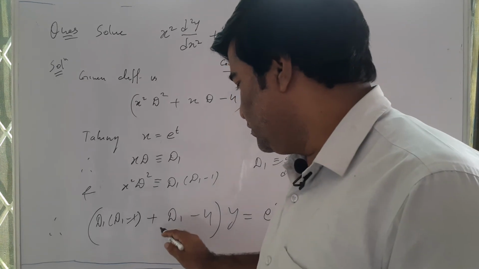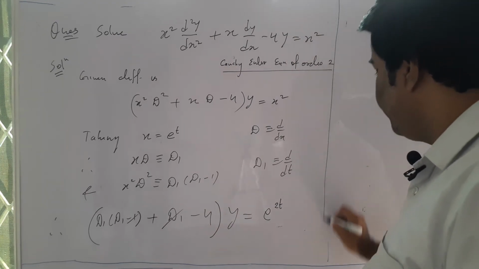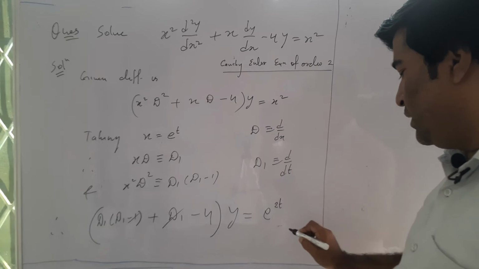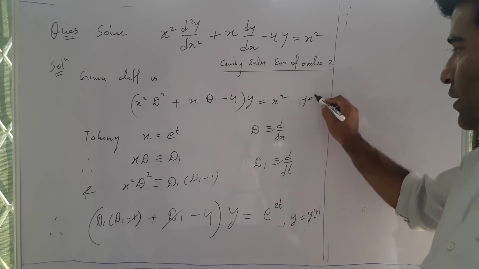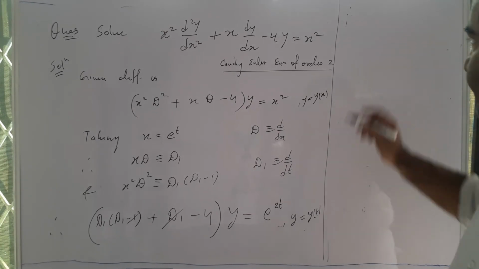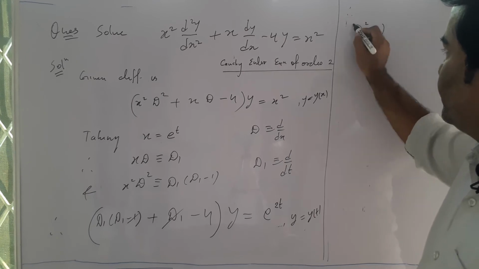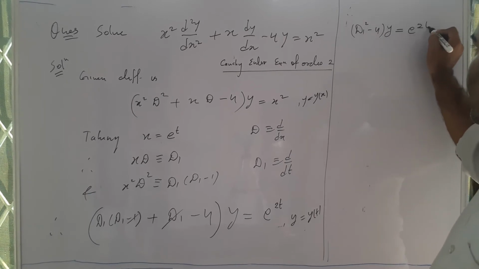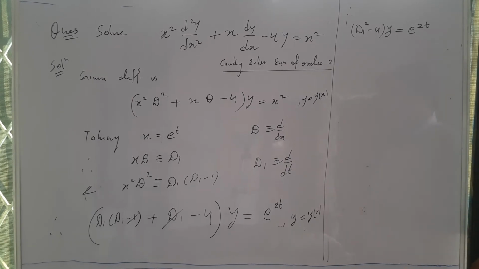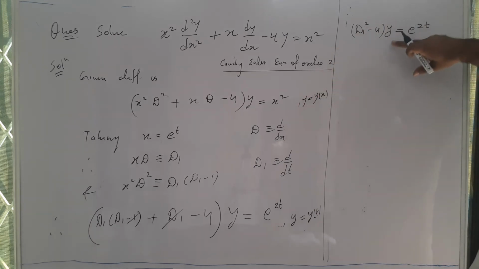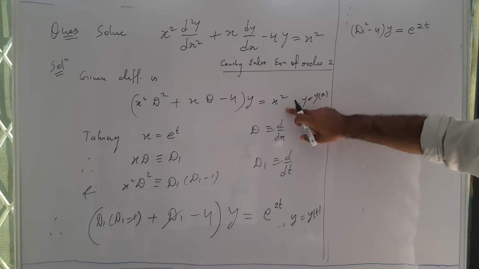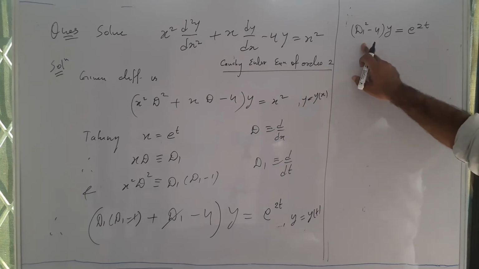Here D1 cancels out, so we have D1 squared minus 4, y is equal to e to the power 2t. Here y is a function of t, while earlier y was a function of x. So the given Cauchy-Euler equation has been converted into a differential equation with constant coefficients. The first equation is with variable coefficients, and the second is with constant coefficients.